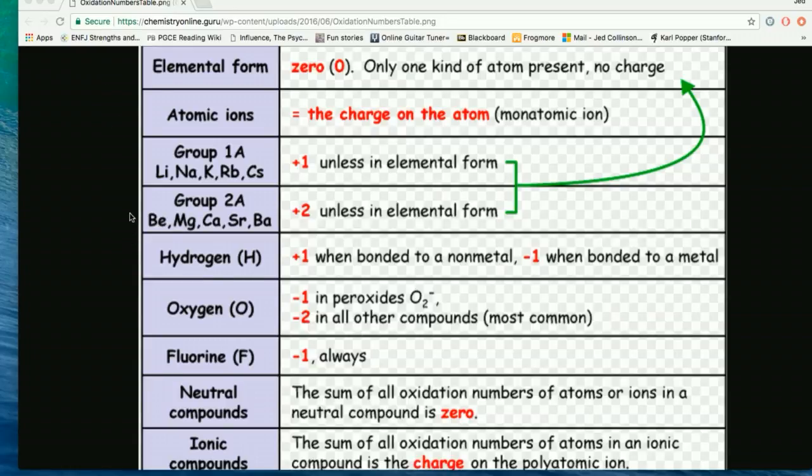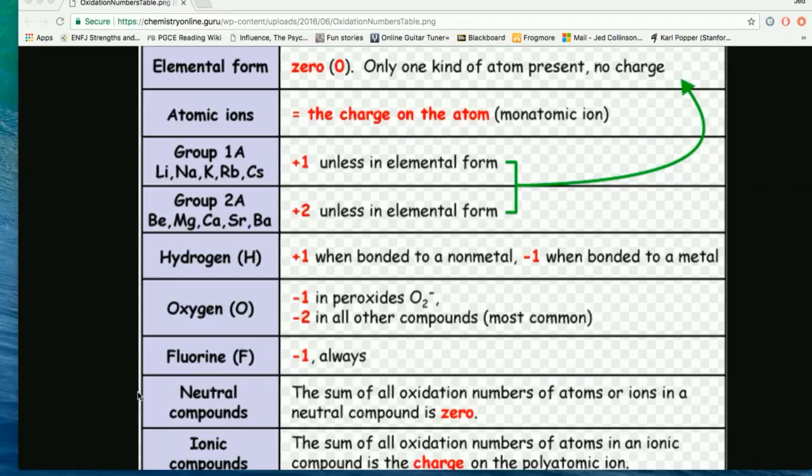Group 1 and 2, +1 and +2 oxidation numbers, unless they are elements. Hydrogen, +1 with a non-metal, -1 with a metal, though we don't see hydrogen -1 with a metal normally at AP. Oxygen, normally -2, but in peroxides, be careful, if you know the chemical structure to be a peroxide, you can expect it to be -1. In a superoxide, it's -0.5, strangely enough. Fluorine is -1.